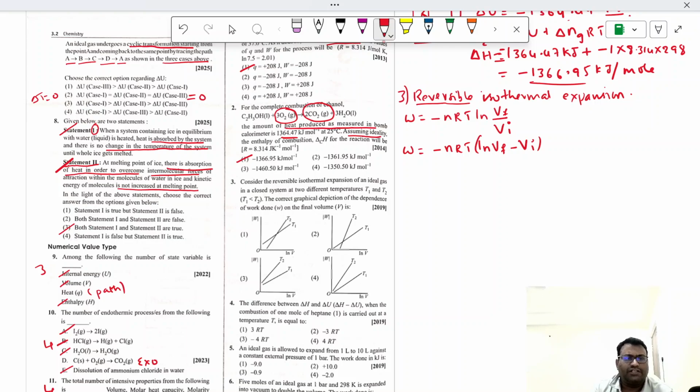On the axis, the question asks for mod W. When you take mod W, this minus also becomes plus. Then you can write nRT log V final minus nRT log V initial.